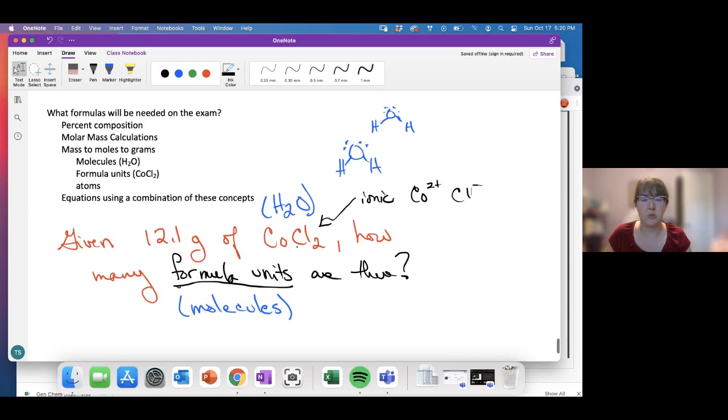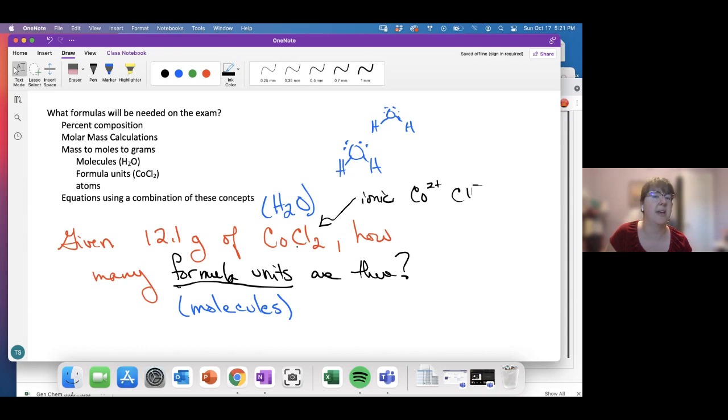So notice I've already scribbled all over this question, but basically be paying attention to different ways that this could be phrased. If I have an ionic compound, I can't describe that as a molecule. If I've got a covalent compound, I can describe that as a molecule. And the only point to all of this is to go from grams to moles, and back in chapter 2, this would have been from moles to atoms.